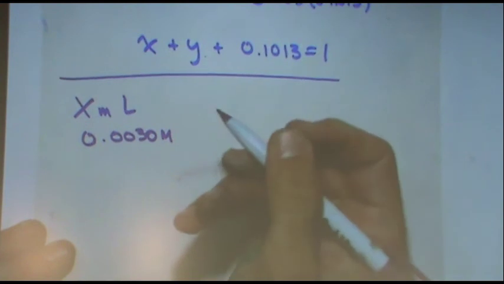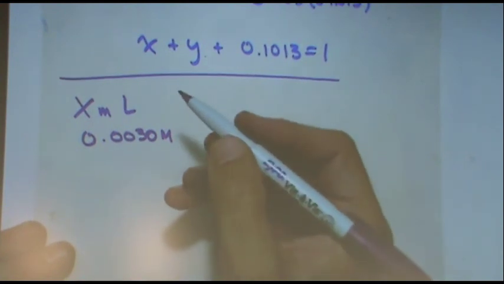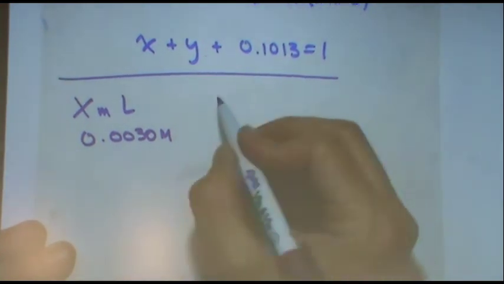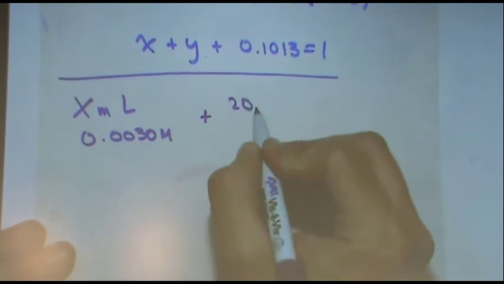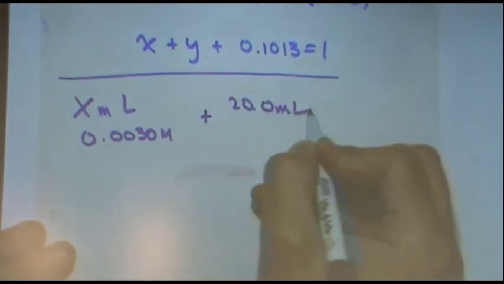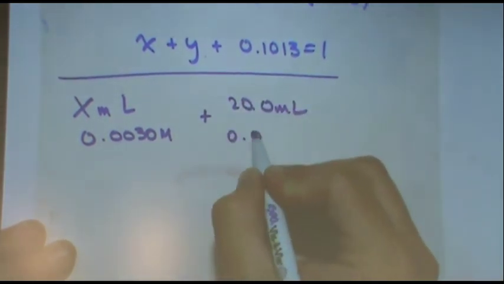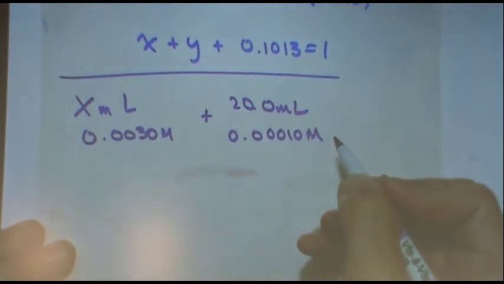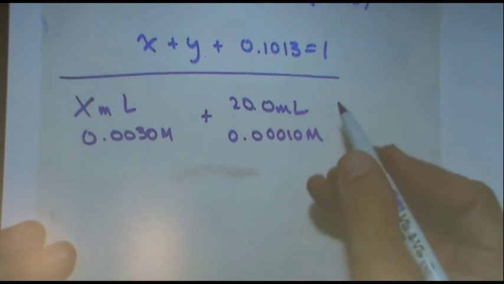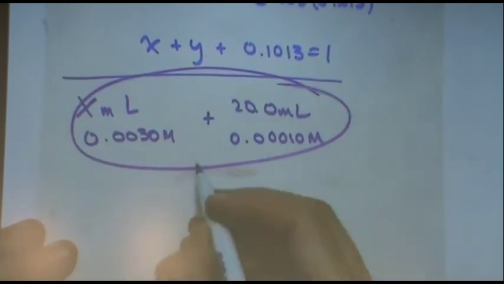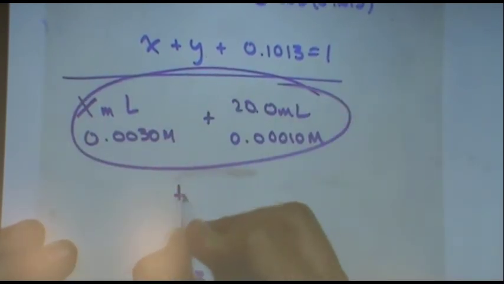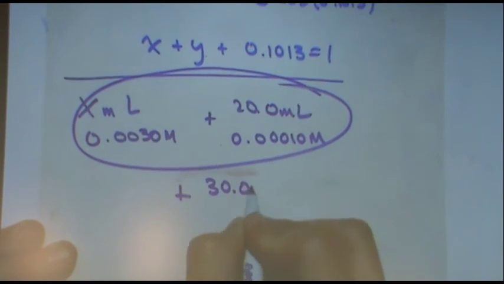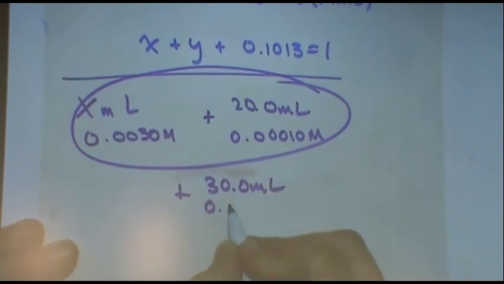X milliliters of wine, that molar. You're gonna mix that with 20 milliliters of wine that is this molarity. So you're mixing these two. The result is mixed again with 30 milliliters of wine that's this molarity.